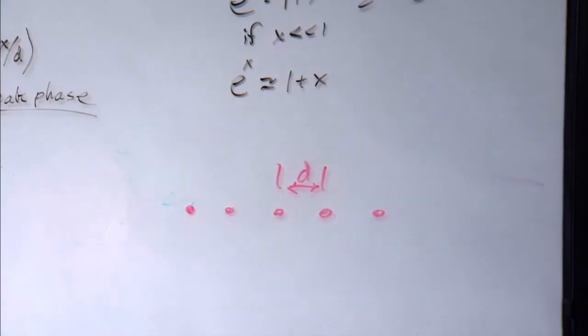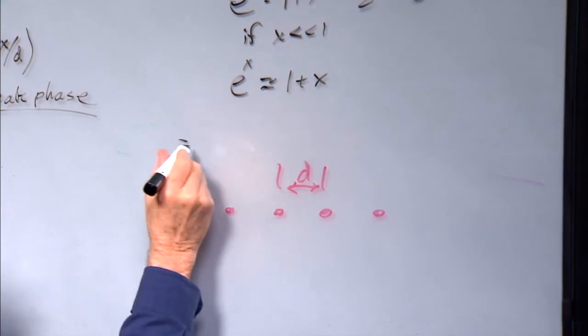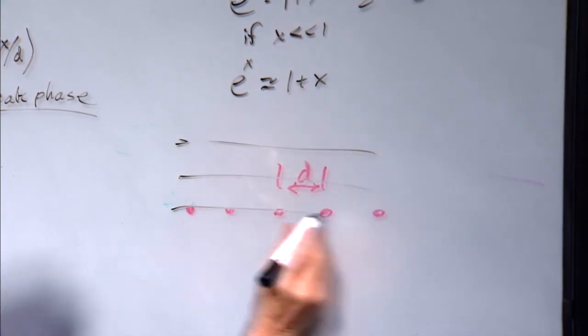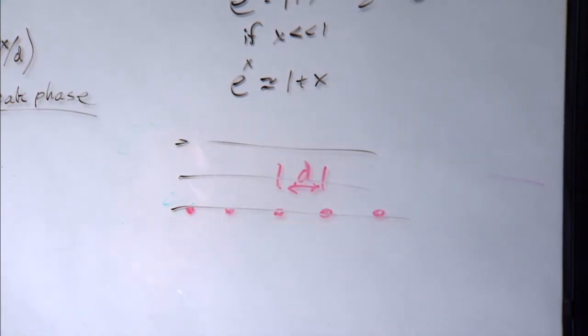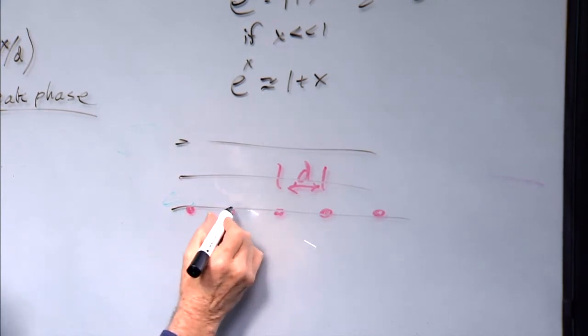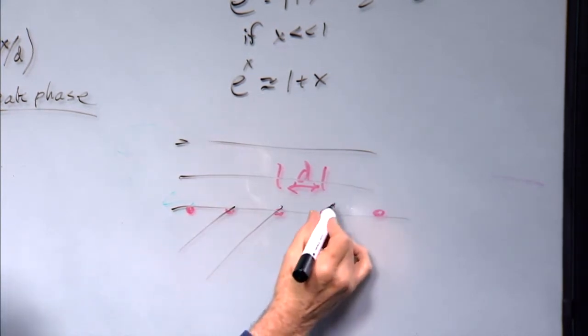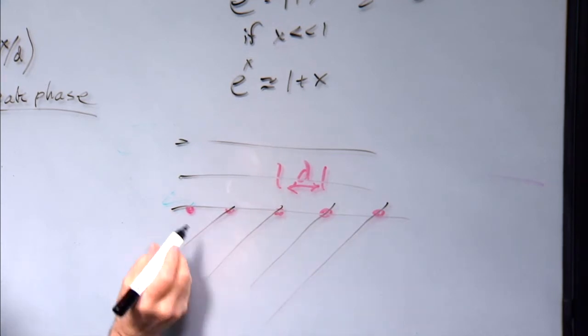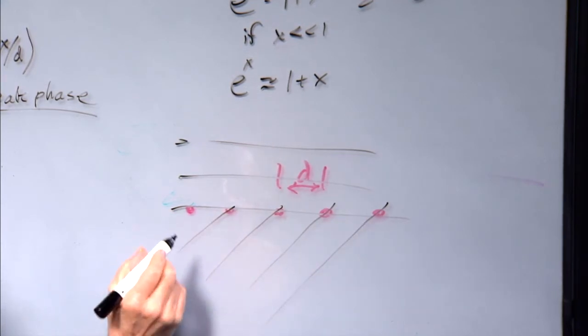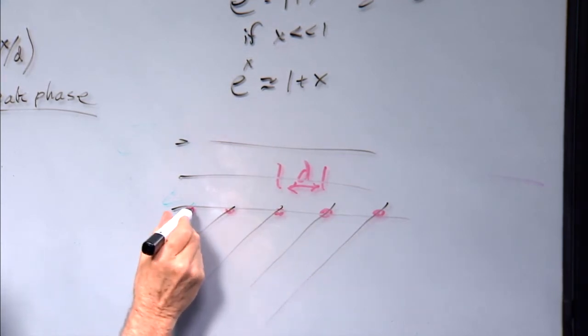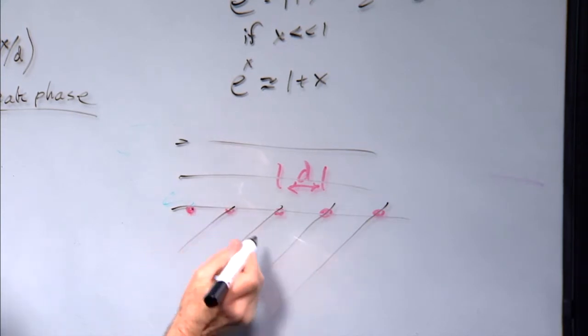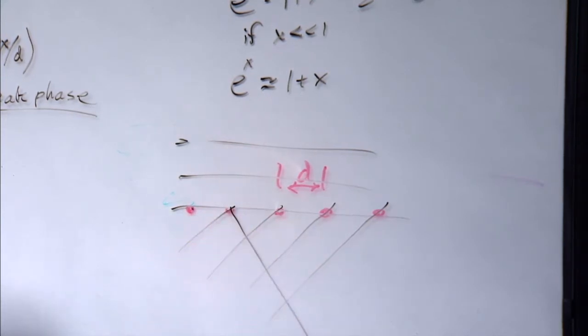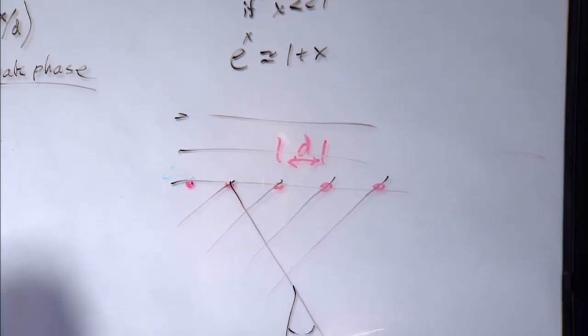And in comes our incident electron waves, and they scatter off of these scattering objects. What happens is that a new wavefront gets generated that is propagating at an angle theta.